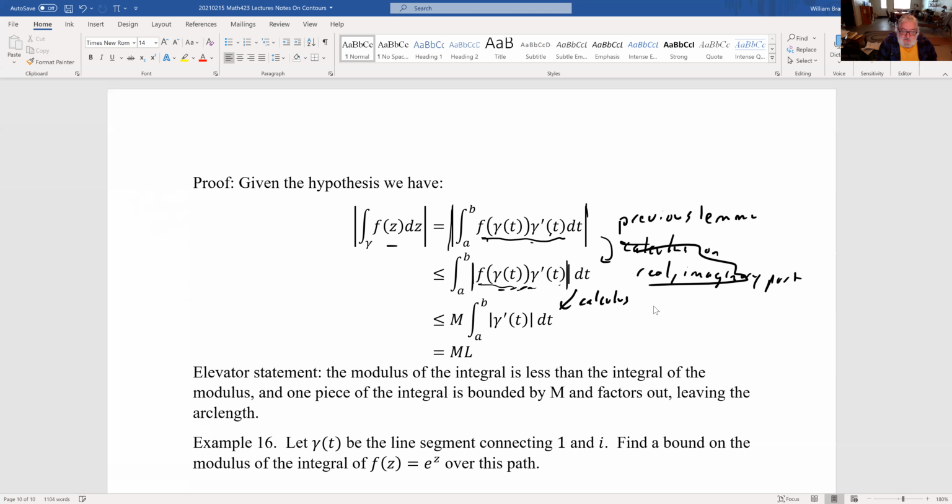This is going to be less than or equal to the maximum of this function times the modulus of gamma prime of t, but that's just L. So that's where that goes. So one piece of the integral, the f of gamma of t, is bounded by M. Modulus of gamma prime of t dt, when you integrate it, gives you M times L.